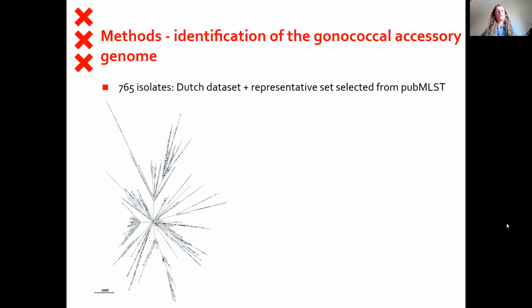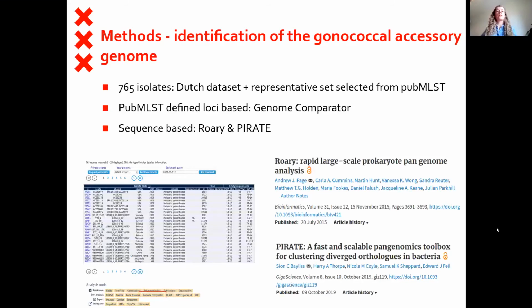So we worked with this set of isolates, and we used two different methods for identification of accessory genes. First of all, I used a PubMLST defined loci-based method by using the Genome Comparator plugin in PubMLST that can be found under the analysis tools in the database here.